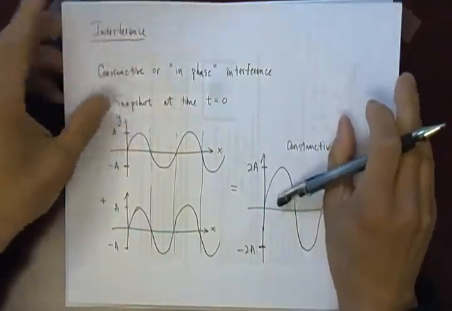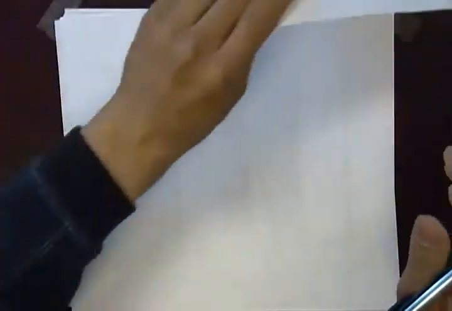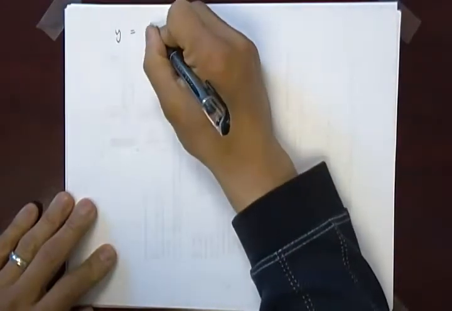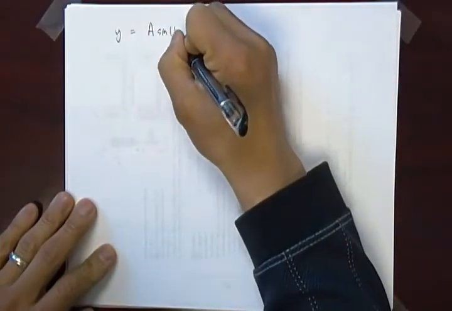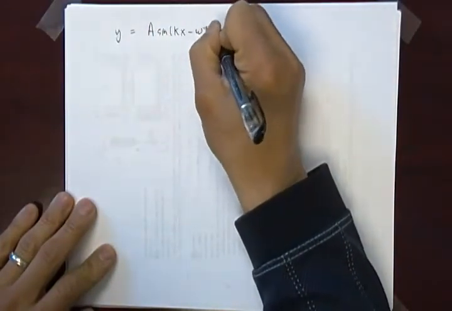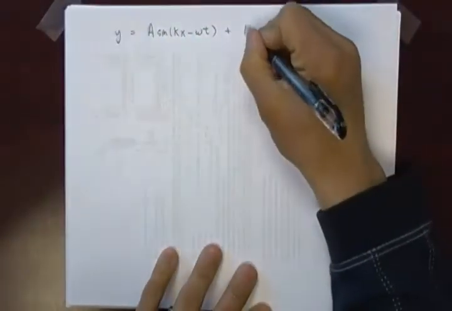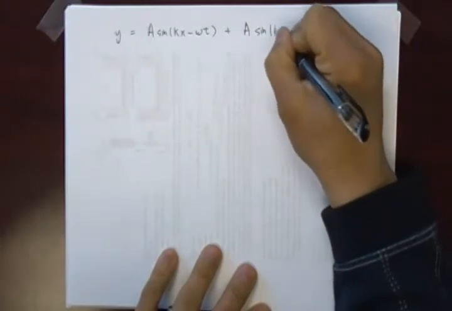If I want to write this in equations, it's pretty straightforward. I have y, the disturbance, will be A sine kx minus omega t, so I'll put in the time dependence now. And then let's suppose I have another wave that's just like it.